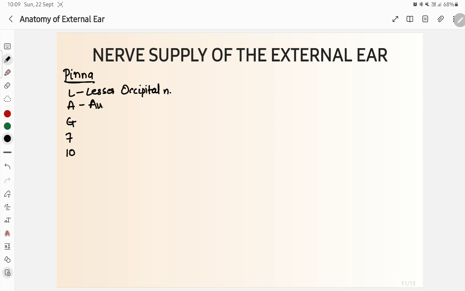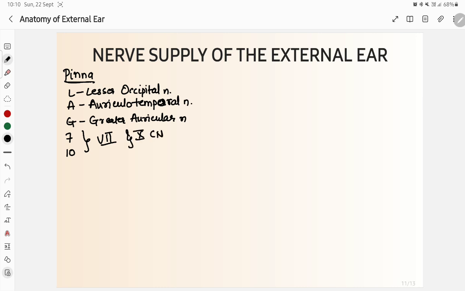A stands for auriculotemporal nerve. And G stands for greater auricular nerve. And 7 and 10 means 7th and 10th cranial nerve.